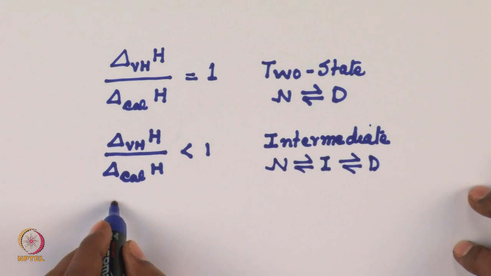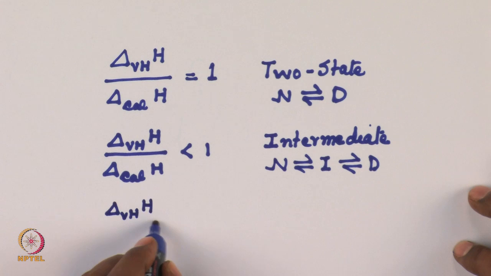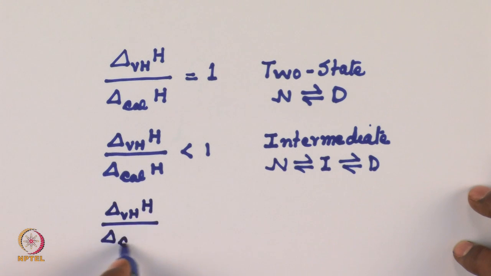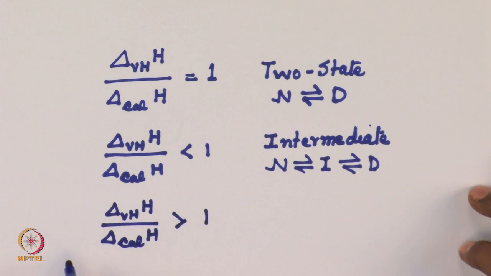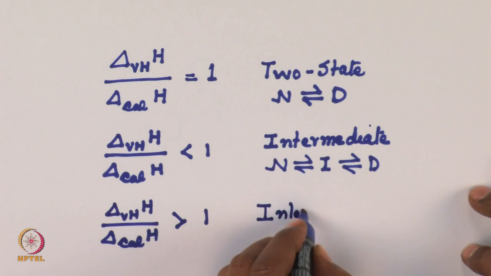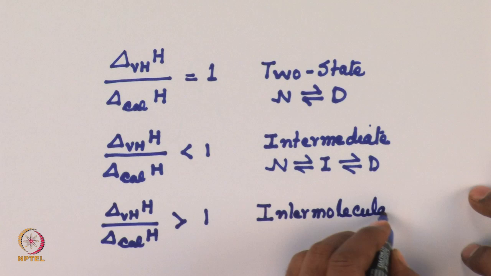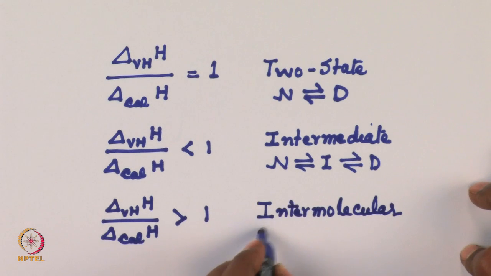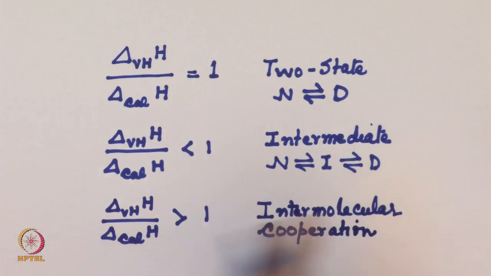The third possibility is Van Hoff enthalpy over calorimetric enthalpy is greater than 1, and that suggests intermolecular cooperation in the unfolding process.